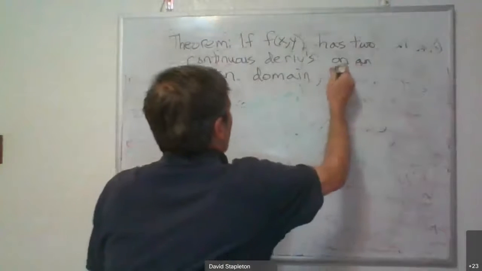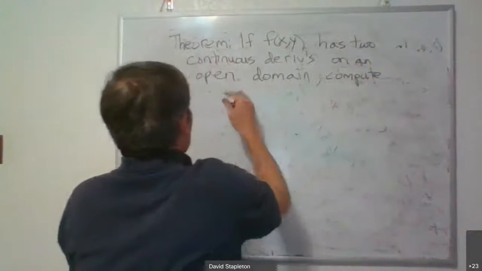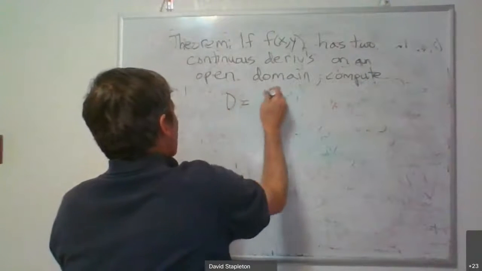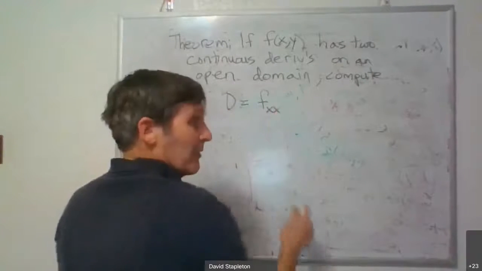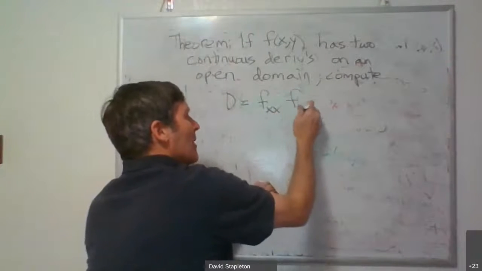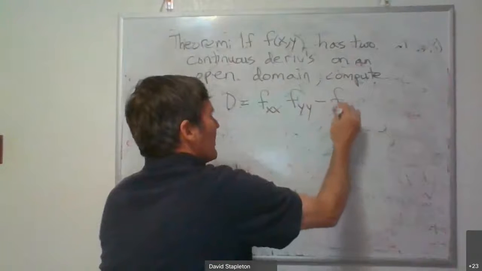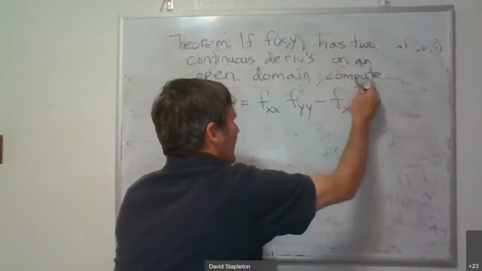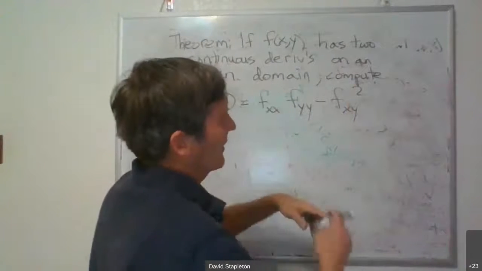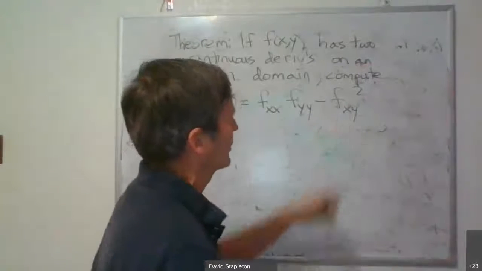You first compute D, which is fxx, the second derivative with respect to x, times fyy, the second derivative with respect to y, minus the mixed partial derivative fxy squared. And since it has two continuous derivatives in an open domain, fxy and fyx are equal, and so you can put either one here.